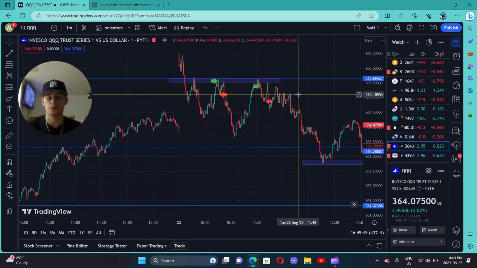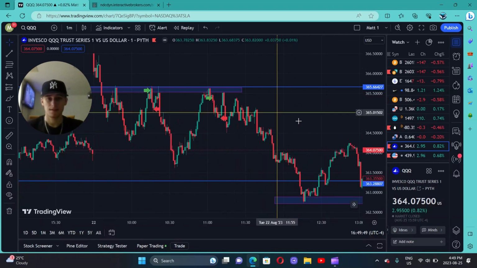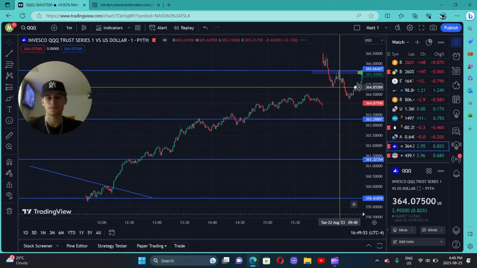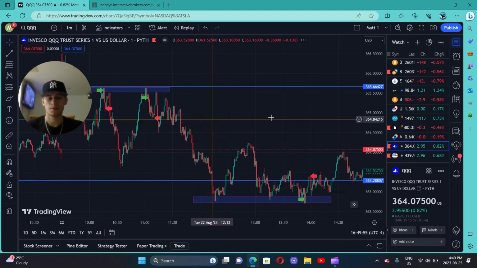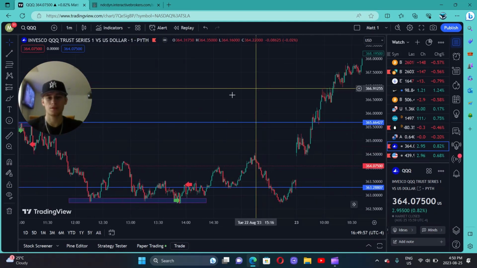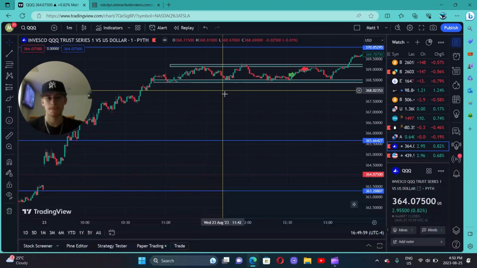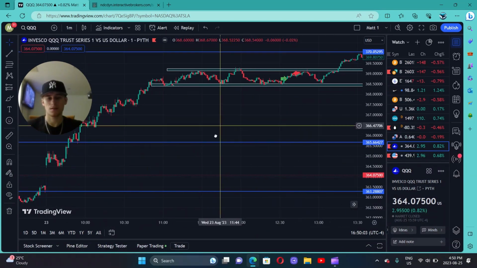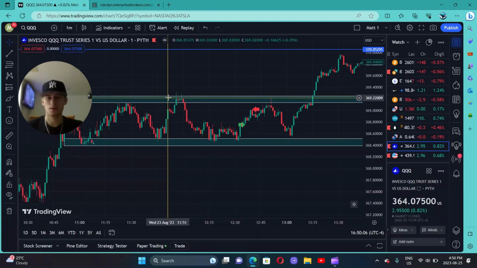It's really important that you learn what support and resistance is. So if you look back at it again, let's look at another example. The reason why I draw boxes is because for support and resistance zones, you don't want to have a specific level.